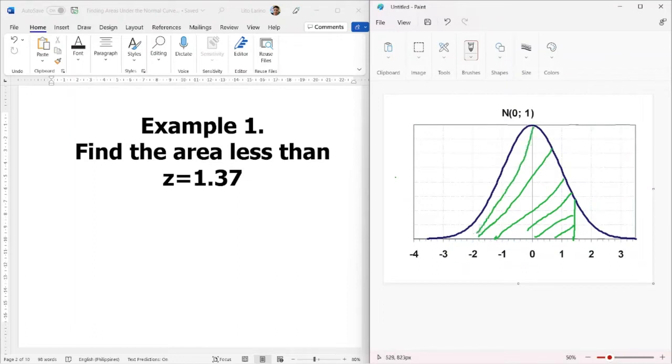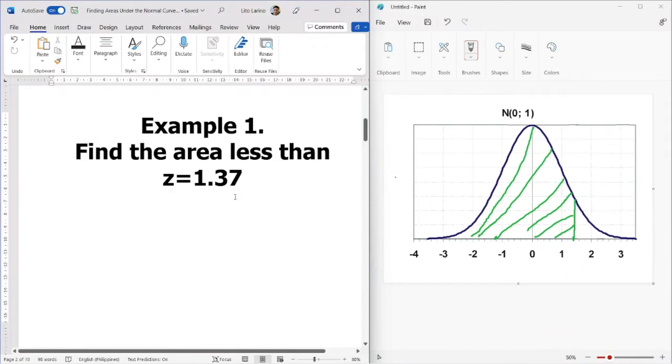Now to do that, we have to express this first as a notation of probability. We determine the probability or the area under the normal curve when the z-score is less than 1.37.